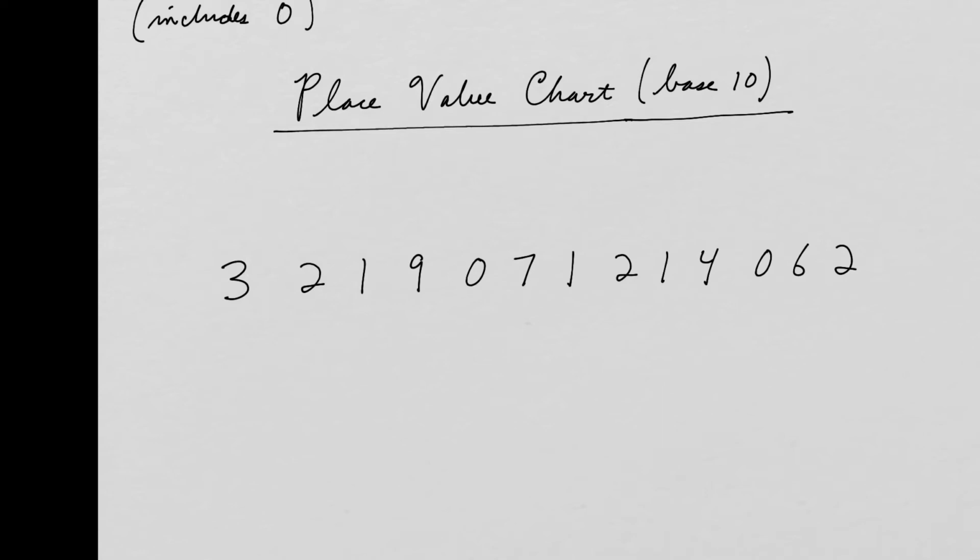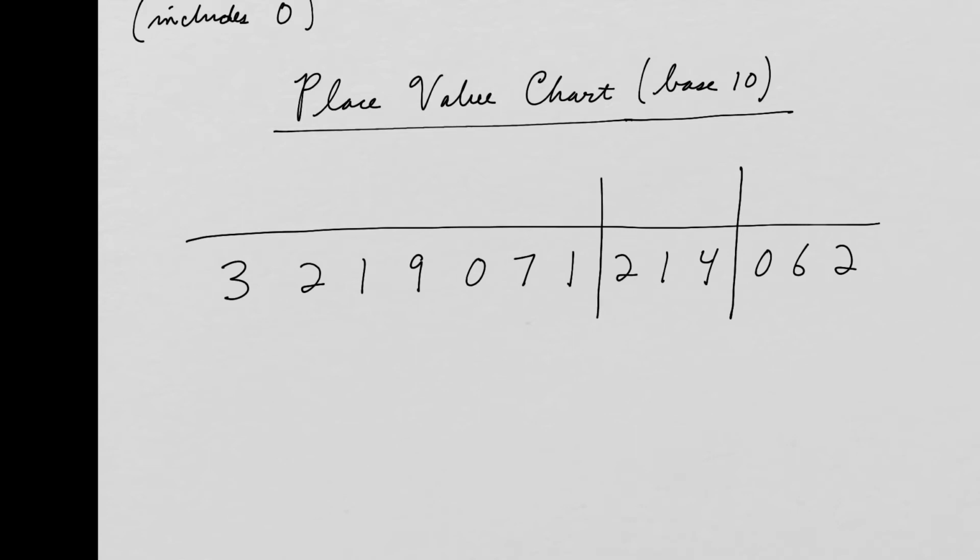I start at the right-hand side and break this up into groups of 3. So after the 0, then after the 2. These groups are also called the periods.